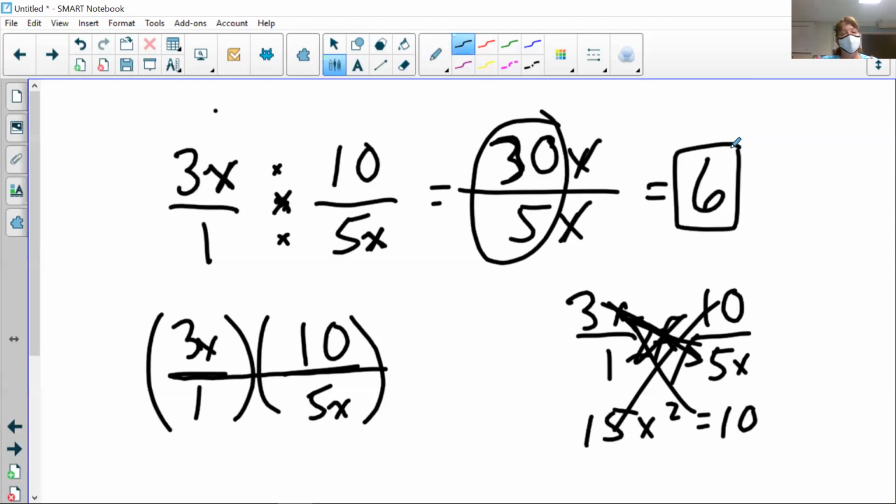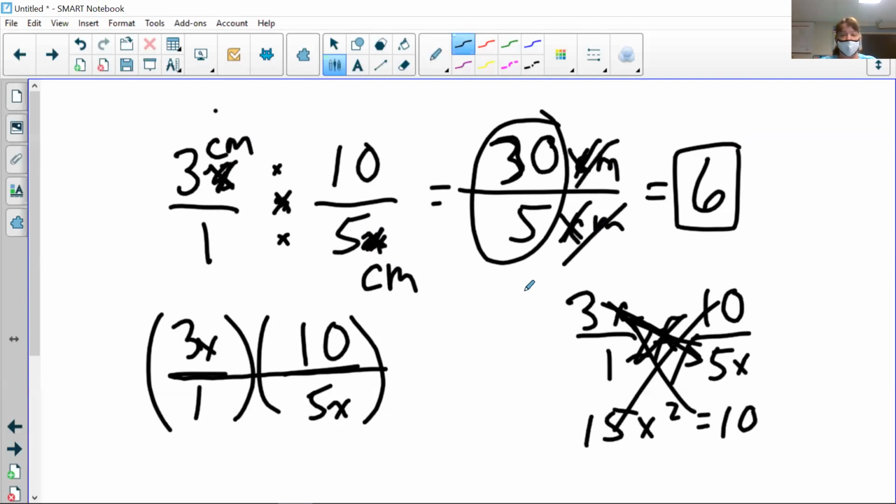We're not going to use variables in chemistry, okay? But we do have letters because we have units or labels like centimeters, meters. They're going to act the same way. If this had been centimeter instead of x, it still would have canceled out, okay? Because it would have been on the top and it would have been on the bottom.